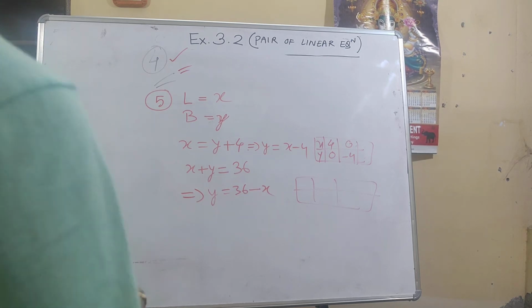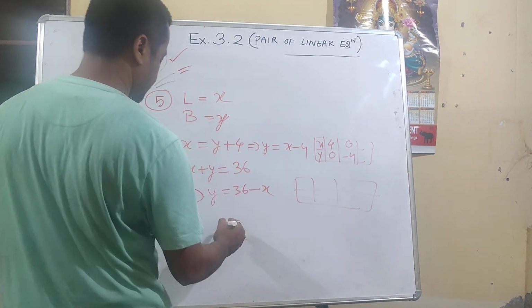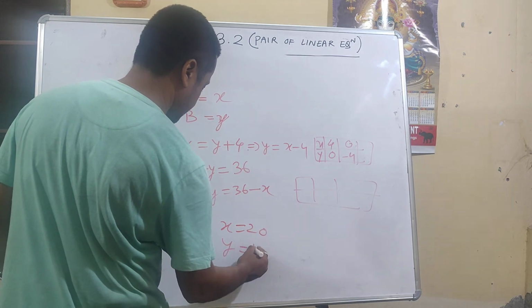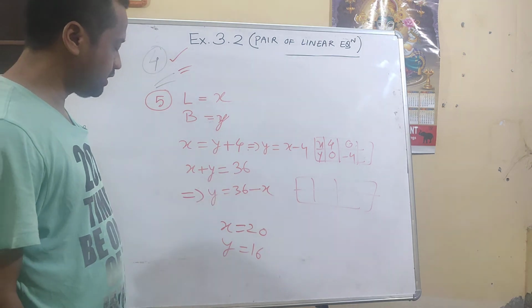After drawing both the graphs, you will see x is equal to 20 and y is equal to 16. At these points 20 and 16, the two graphs will intersect.